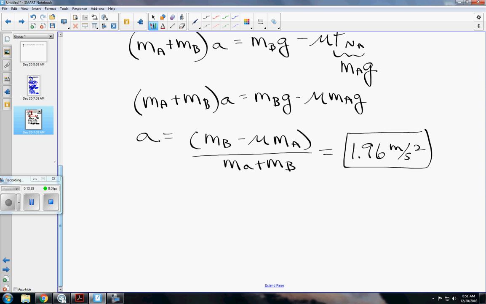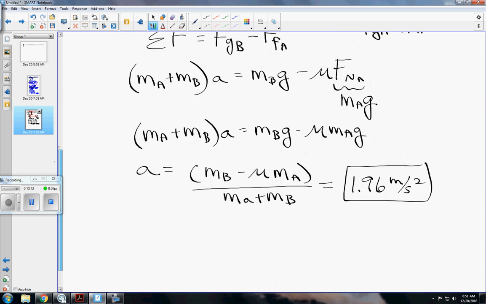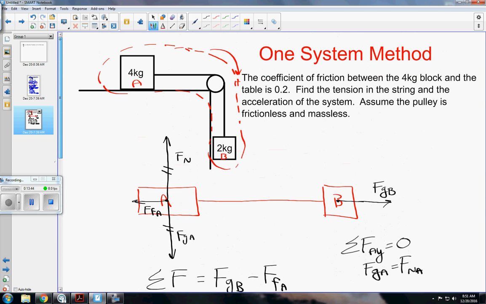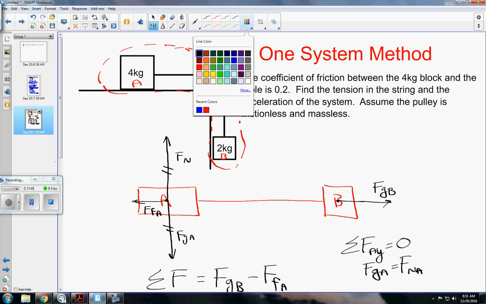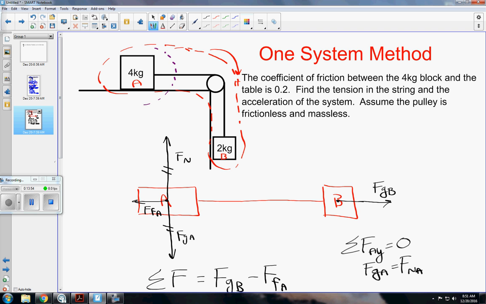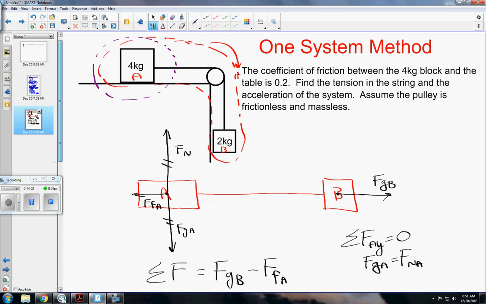Now for this one, we need to solve for a force of tension. And in order to do that, we have to set a different system, because with this first system we've set, the string is in the system, and so it can't be in the net force equation. So just pick one of your masses, it doesn't matter which one, and set a new system.